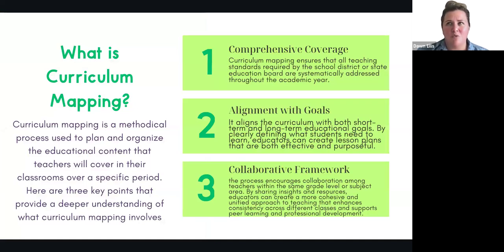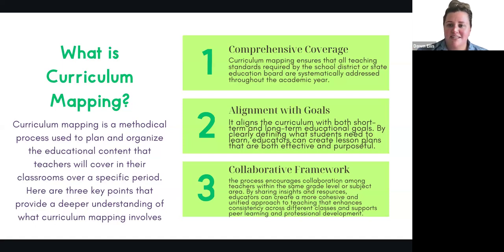So let's talk about what curriculum mapping is first. Curriculum mapping is a methodological process used to plan and organize the educational content that you as a teacher will use all year long. And three things to consider when talking about curriculum mapping are comprehensive coverage, alignment with your IEP goals, and a collaborative framework.